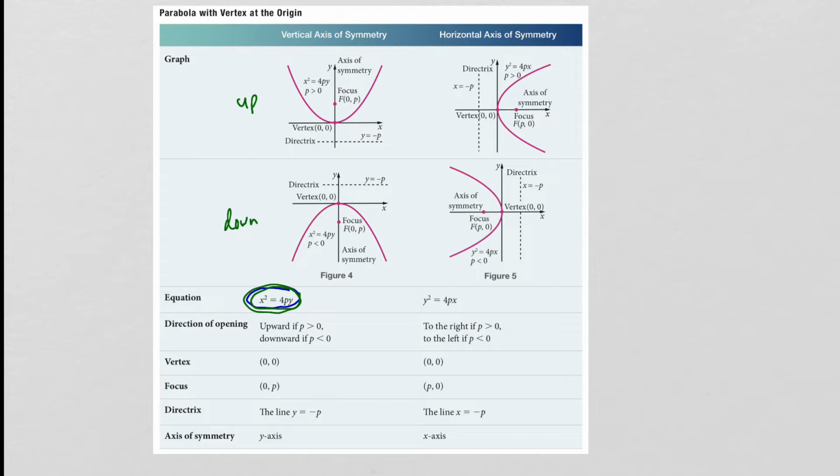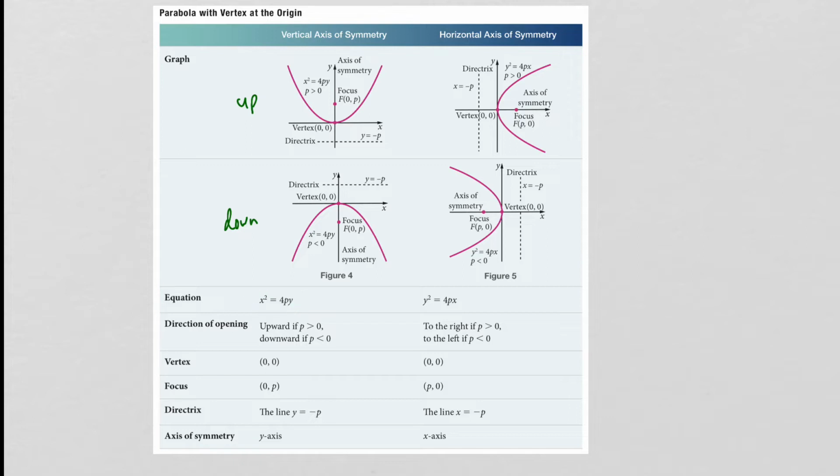Now, if you have a parabola opening to the right or a parabola opening to the left, the idea is exactly the same, except now the focus is at (p, 0) instead of (0, p), because it's opening sideways. And so the roles of x and y simply get reversed.